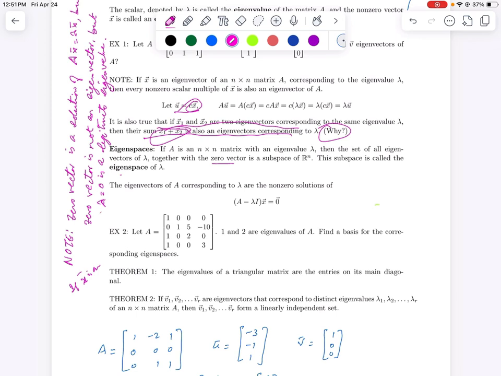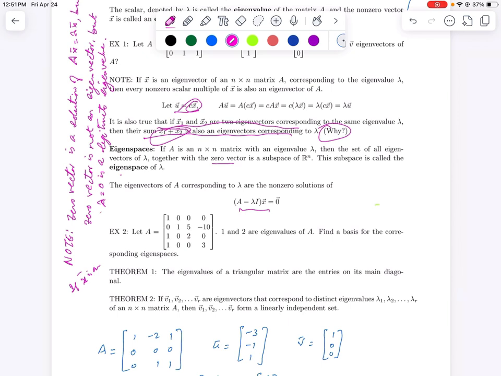The eigenvectors of A corresponding to lambda are the non-zero solutions of this equation, A minus lambda I times x is equal to 0. Up until now, we had not learned a new technique to find the eigenvectors.